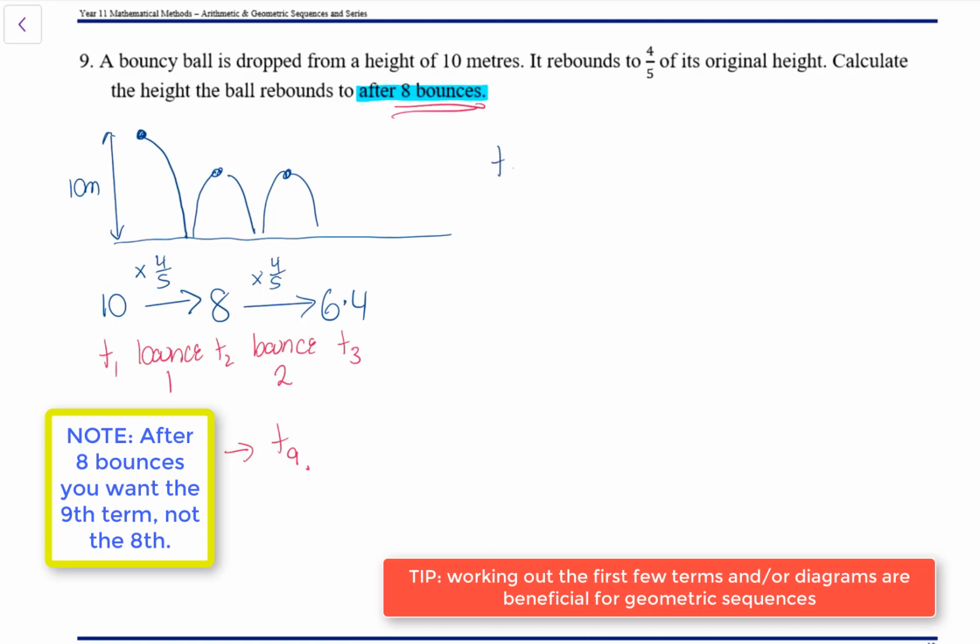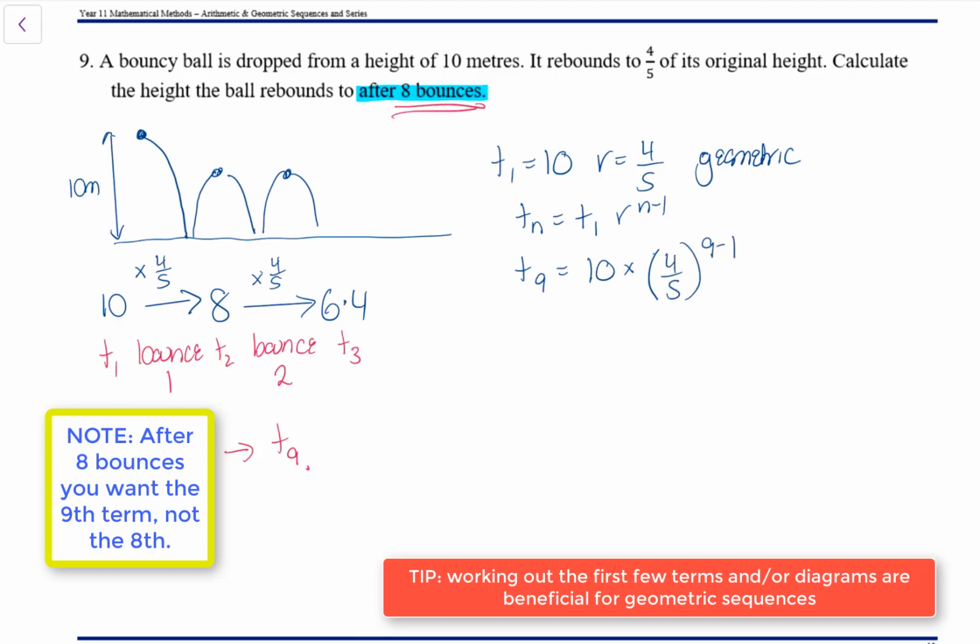So we know that T1 equals 10, and we know my r is 4 over 5. We also know it's geometric. So Tn is T1 times r to the n minus 1. And I want the 9th one, so it's going to be 10 times 4 over 5 to the 9 minus 1. Okay, so that equals 10 times 4 over 5 to the power of 8.